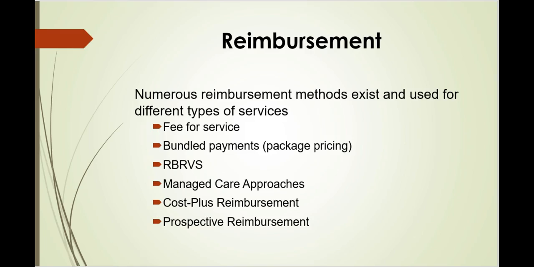Then we have prospective reimbursement, which uses certain established criteria to determine the amount of reimbursement in advance. So the idea is we're looking forward. So it's based on pre-established criteria. Rate is established in advance of the delivery of services, and that covers it for the different reimbursement methods.